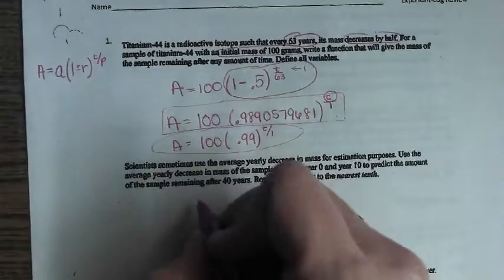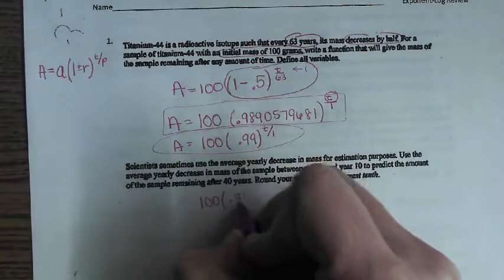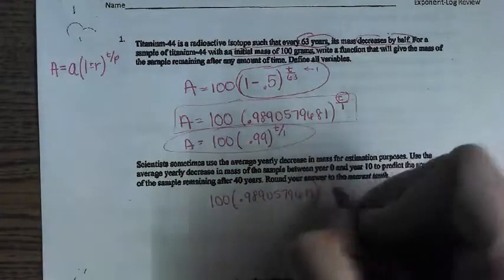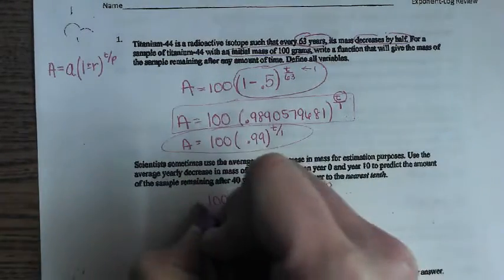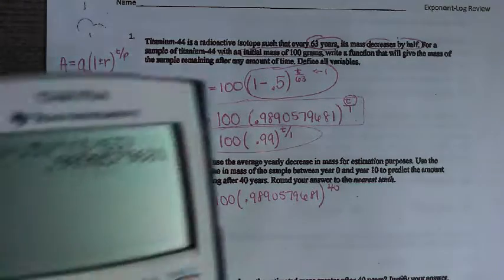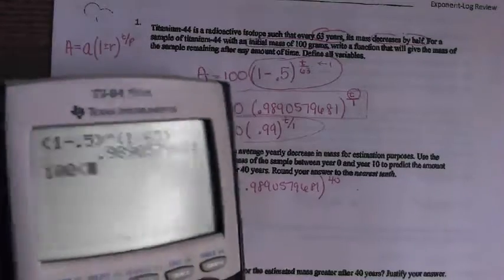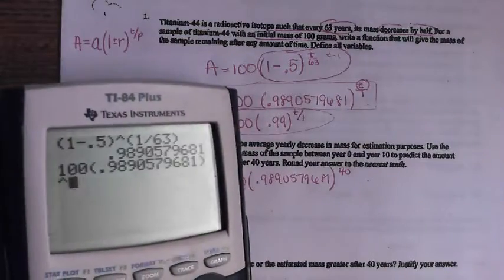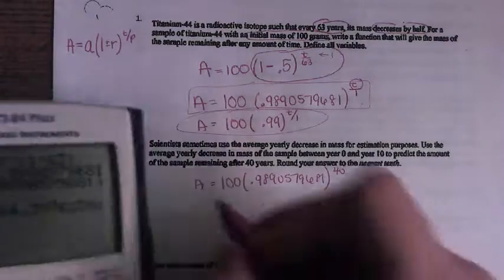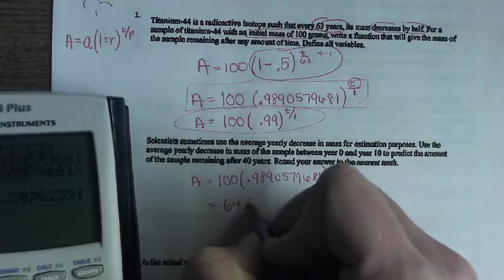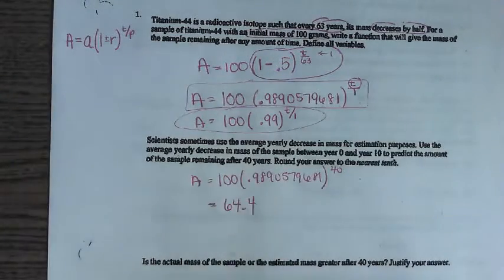So 100 times 0.98905799681 to the 40th power. I already have that number on my calculator, so I can just grab it. So your final amount would be 64.4, approximately.